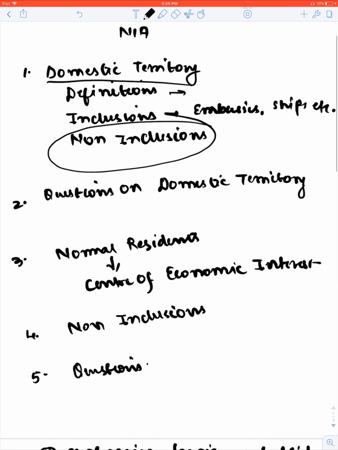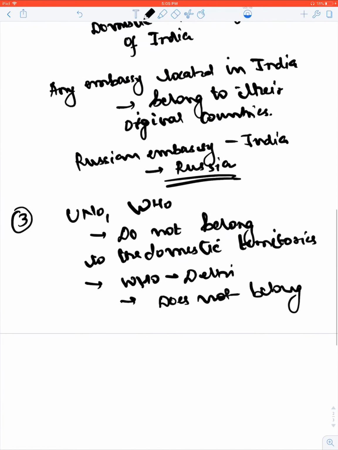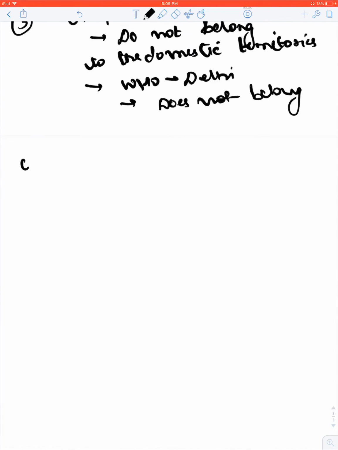Okay. Now we go to the questions on domestic territory. What kind of questions can be asked on these? Let's say I ask you, a branch of a foreign bank in India, let's say a branch of Deutsche Bank in India.